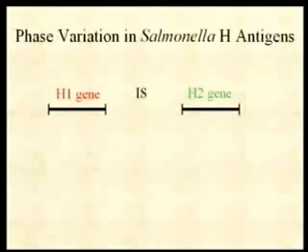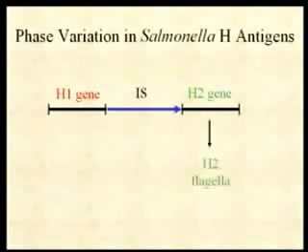The way that happens is that there are two genes for the two antigenically different forms of the flagella, the H1 gene and the H2 gene. Between the two genes is the controlling region, the promoter for these two genes. And this promoter is actually carried by this insertion sequence.